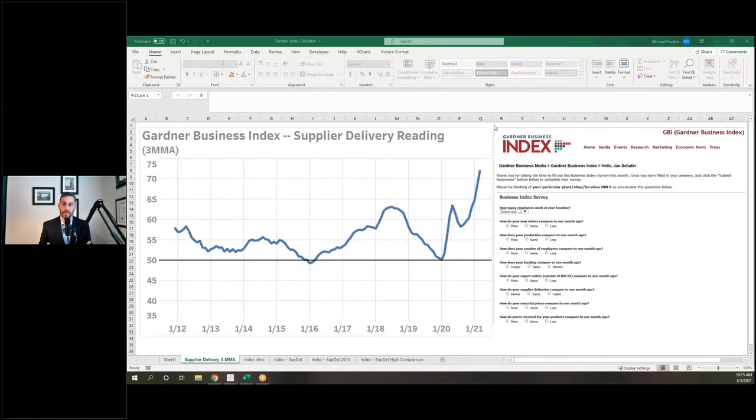And so you put in that order, but because of the growing backlog upstream, your order to fulfillment time lengthens. And that lengthening is captured in this question. That lengthening order to fulfillment time would mean that your supplier deliveries are going to start to slow down. And so you might answer this question as, well, yeah, my order to fulfillment time is lengthening.